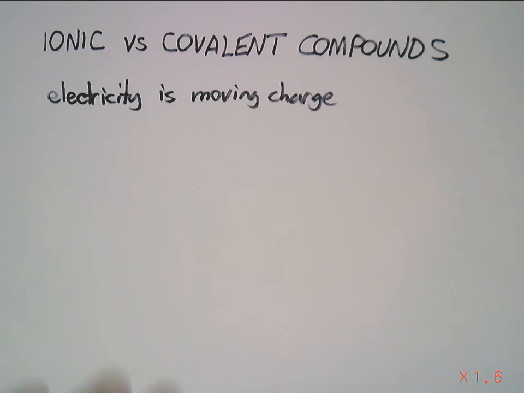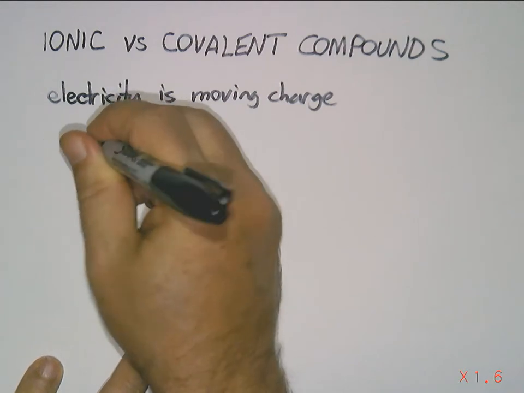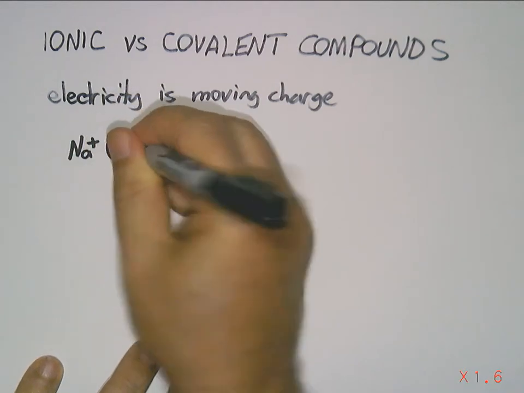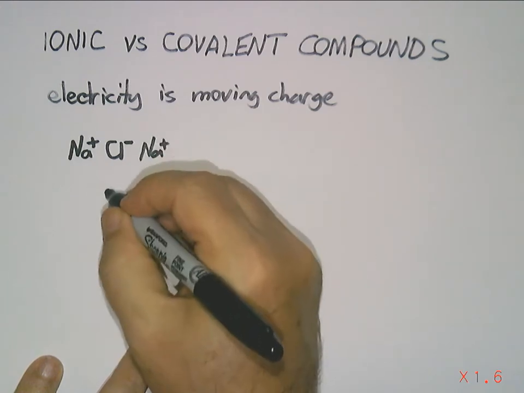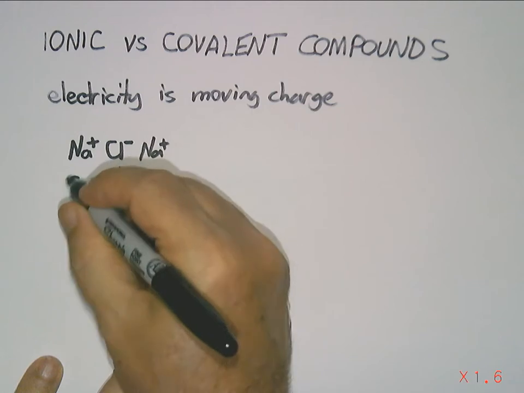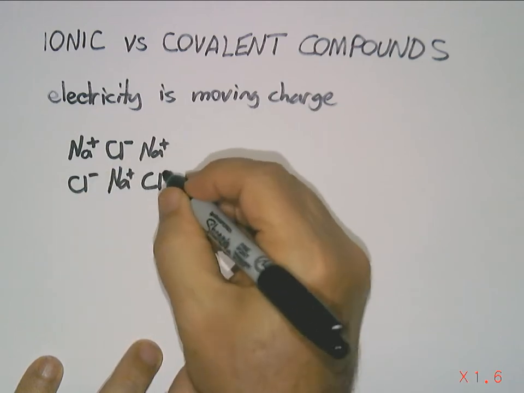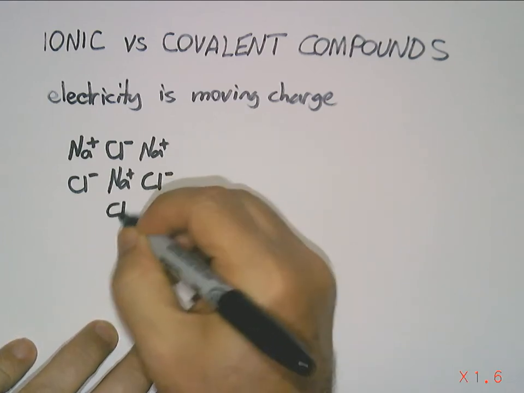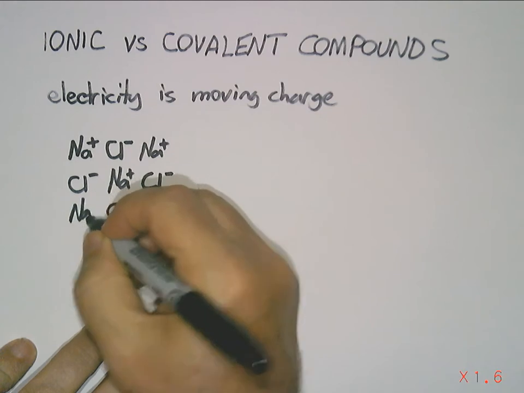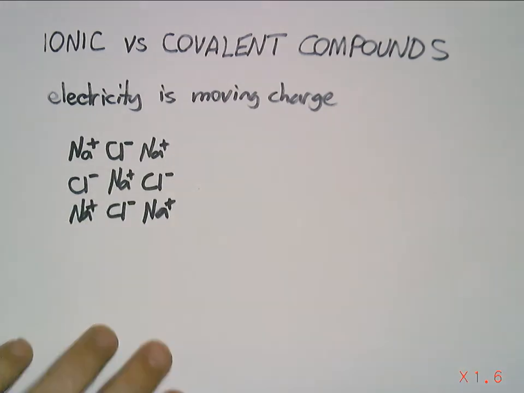So if I've got a salt crystal, it's got a bunch of sodiums packed together with chlorides in a solid. You have this regular lattice. And let's say we try to conduct some electricity in it.